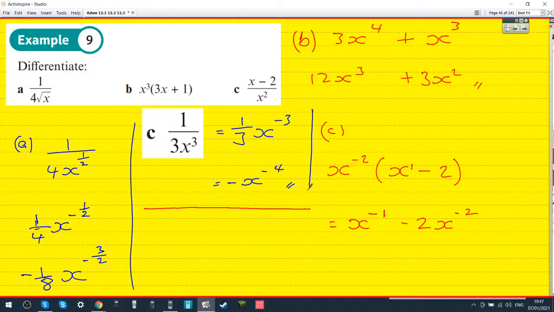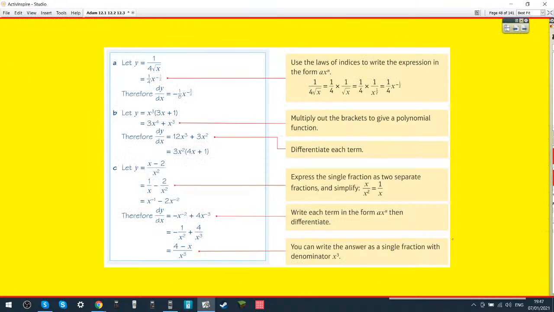Okay. So it'd be minus x to the minus 2 plus 4x to the power of minus 3. Well done. Yeah, so instead of everything divided by x to the 2, it's everything times x to the minus 2. Yeah.